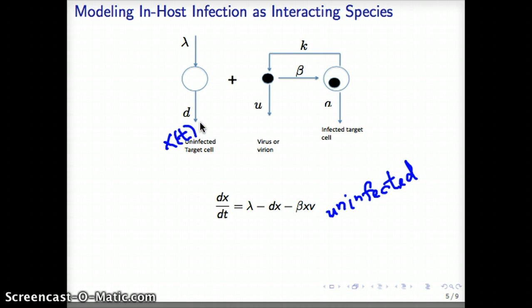Okay, and then we have virions, and those are going to be denoted by V of t. Okay, and then we're going to have the infected cells, and the state variable representing them is denoted as y of t. So we have x of t, v of t, and y of t.